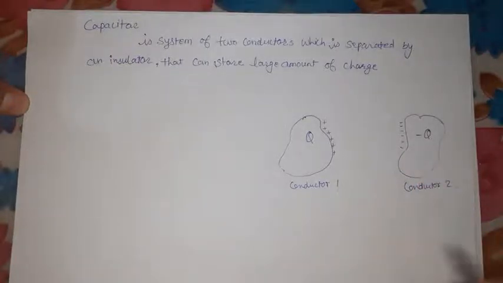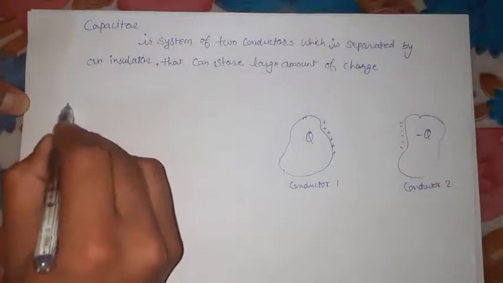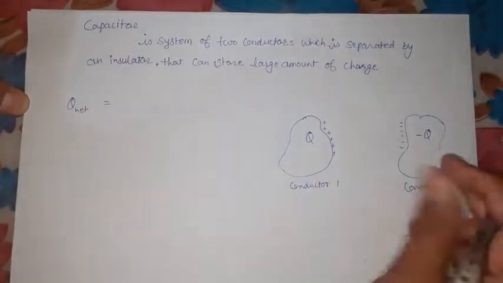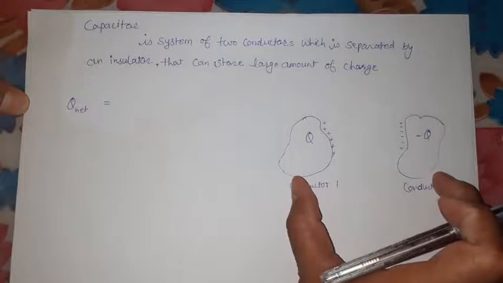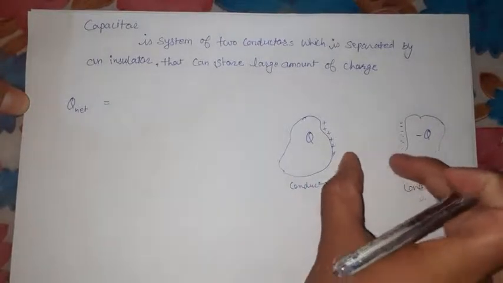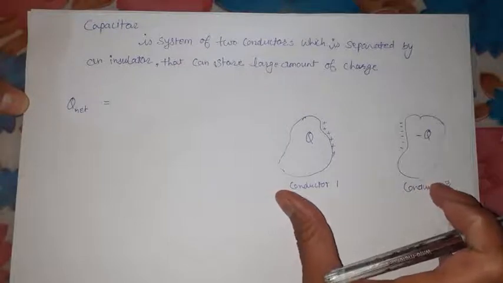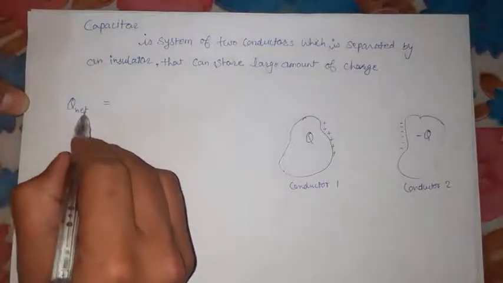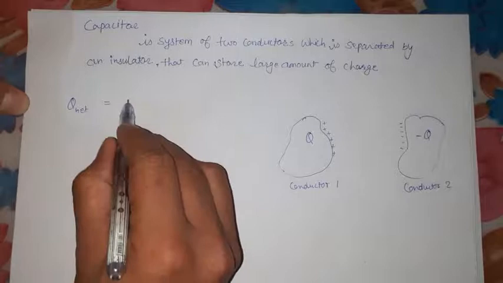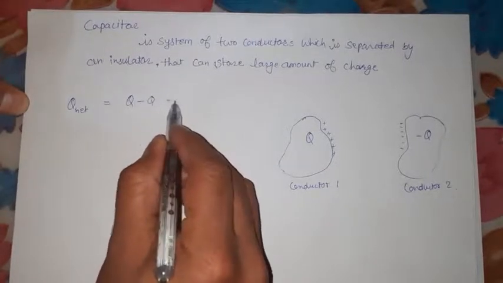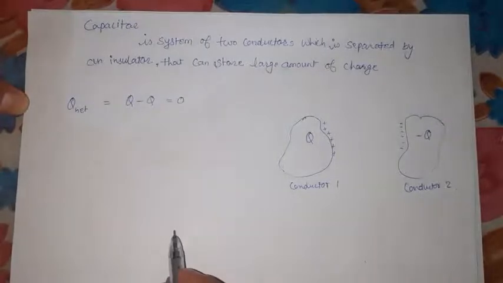Okay, so over here, students, if we ask what the net charge is, that system of two conductors separated by some insulating medium is said to be a capacitor. So this is a capacitor. How much is the net charge of a capacitor? We will find that there is a charge q on one and minus q on the other, so its net charge is 0.